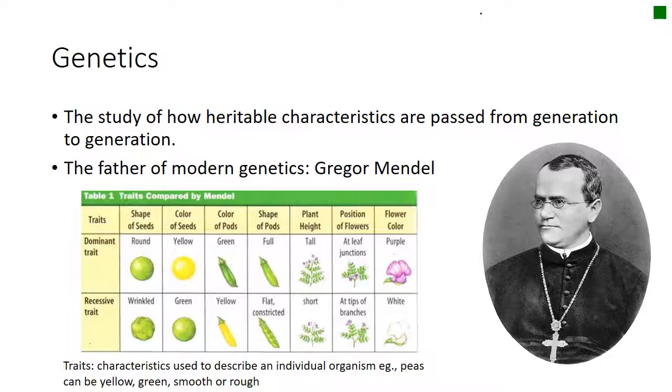And he realized that after he did his experiments that there was one trait that was known as the dominant trait and another one as the recessive trait. Now, a dominant trait is simply one that's going to mask the other trait. So for example, here we have the shape of the seed. Here the dominant trait is round, and the recessive trait is wrinkled.